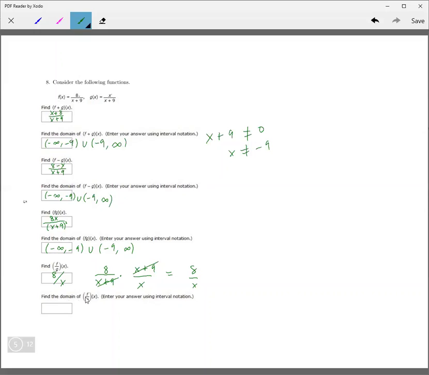Okay, the domain is a little tricky. You cannot have 0 in the domain because that will make this denominator 0. You also cannot have a negative 9 because that messes up f and g. So you have to exclude those 2 points, but everything else is fine.